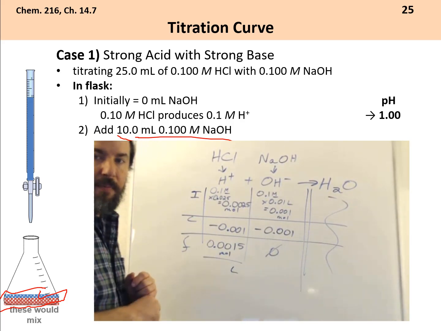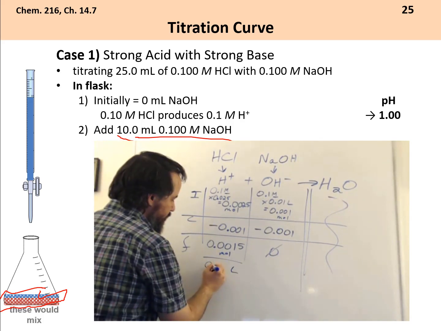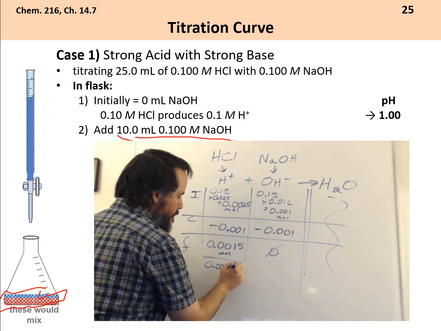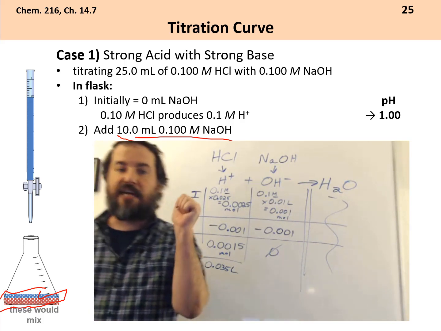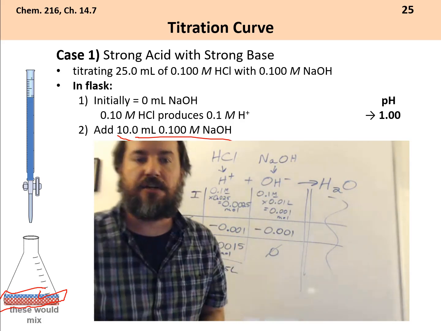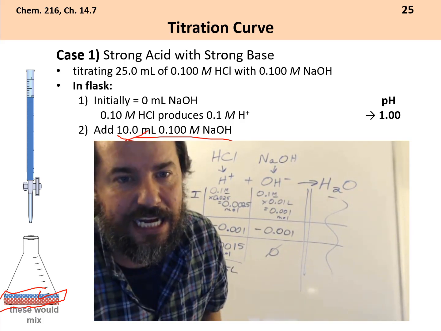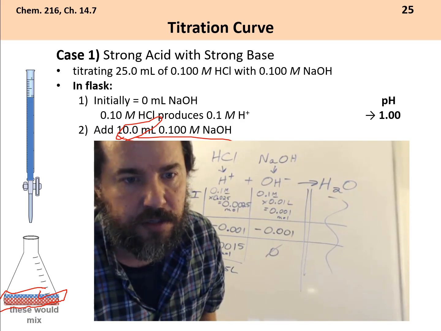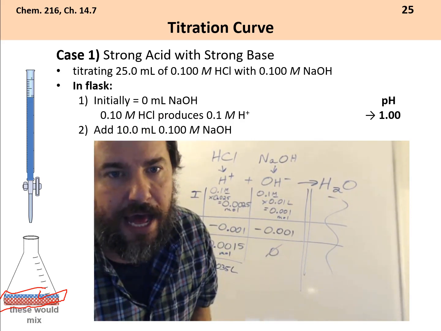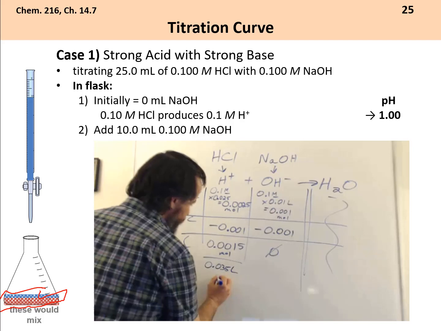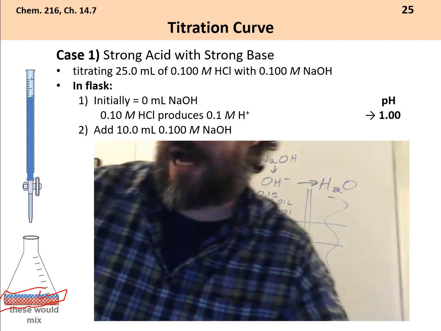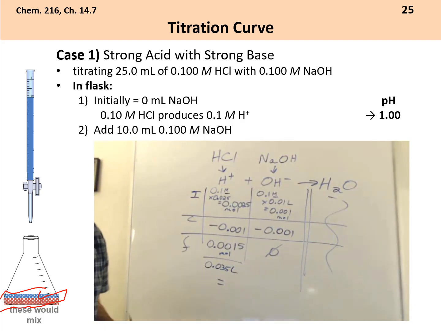My new volume in there is 35 milliliters. Why? Because I start off with 25 milliliters and then I added in here 10 milliliters. Okay, so I go ahead and do that. That's going to get me my molarity, and from that I can find my pH.